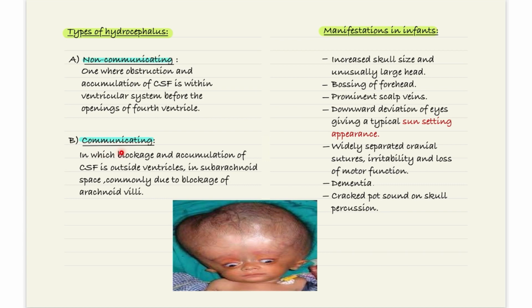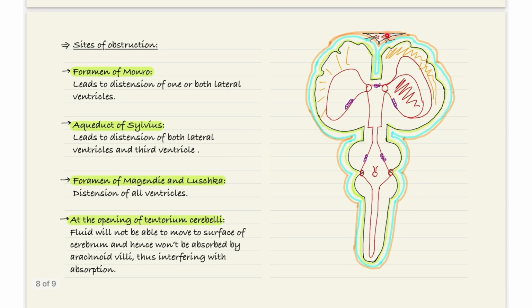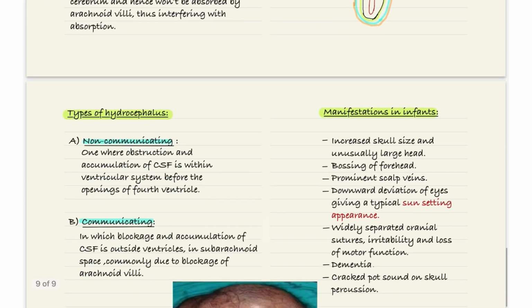The other one is the communicating type, in which the blockage and accumulation of CSF is outside the ventricles in the subarachnoid space, and it is commonly due to the blockage of arachnoid villi. So if there is any blockage in the arachnoid villi, the CSF won't be absorbed and it will accumulate in this subarachnoid space outside the ventricular system.